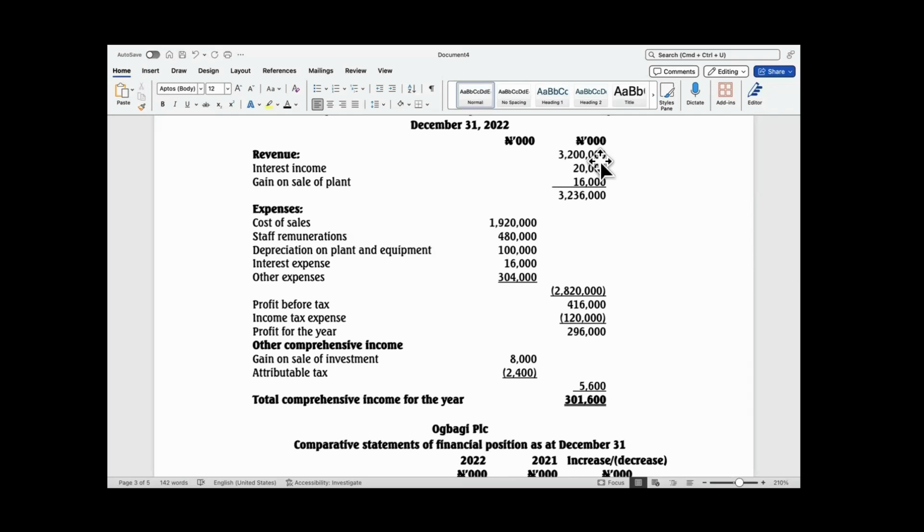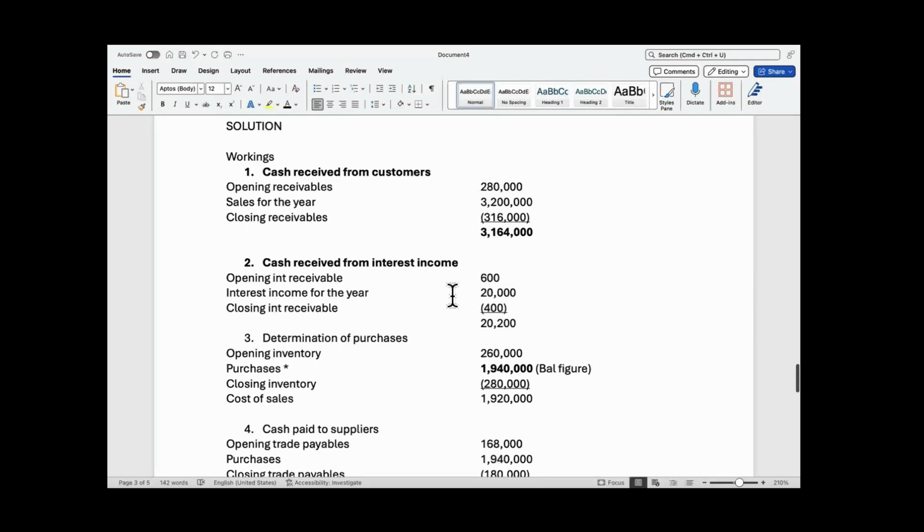From revenue, I move to interest income. I move to gains on sales of plant, which I said is non-cash. I move to cost of sales. I move to tax. I'm moving logically and doing the same thing; if you see all my workings, it's the same. For the customers, I went to receivables. For my interest income, I went to interest receivable.